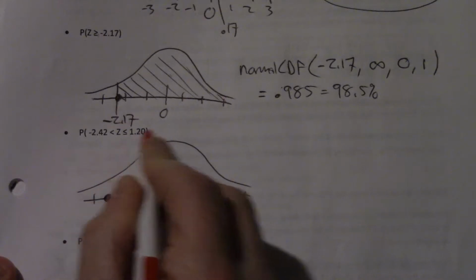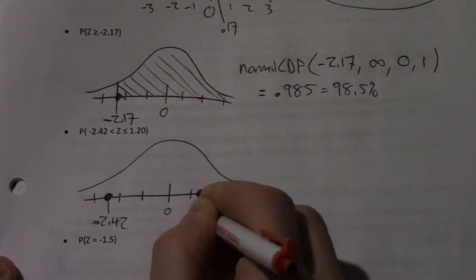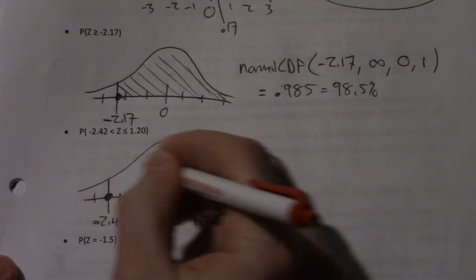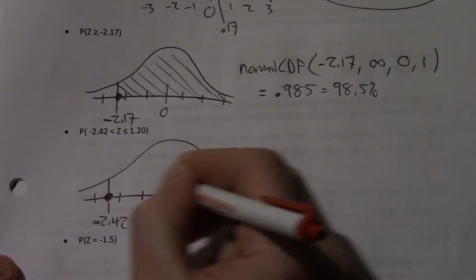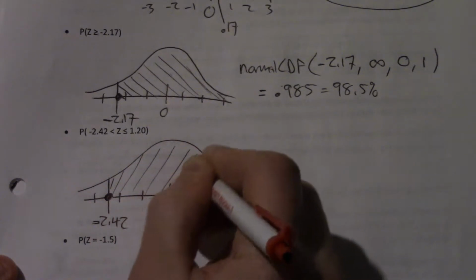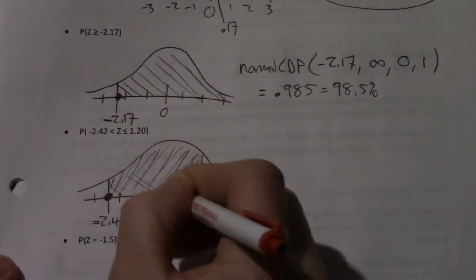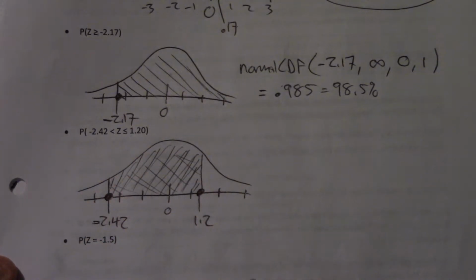And we want to be less than or equal to 1.2, so that would be somewhere about right there. So we want to be above this and below this, so that just means we want to be between those 2 points. The intersection between those two regions is this between spot.